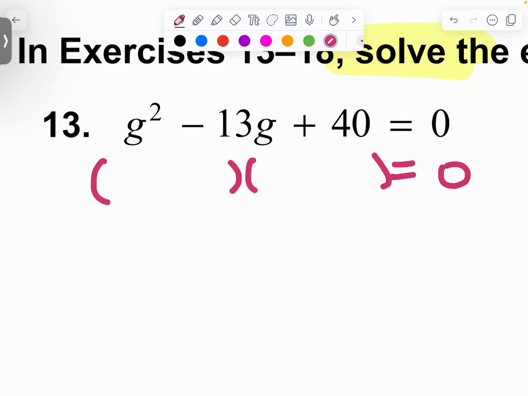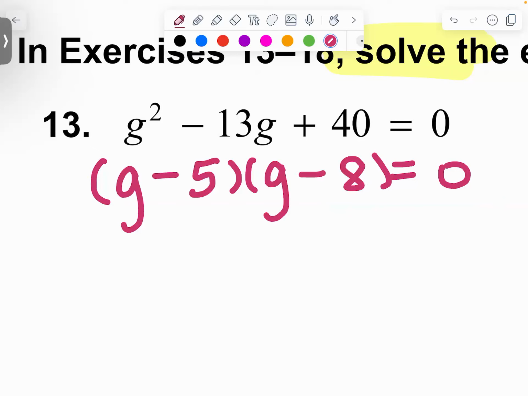Okay, what multiplies to positive 40 and adds to negative 13? Minus 5, minus 8. Hey, this now looks like a quiz question. If I have g minus 5 times g minus 8 equals 0, what does that mean?